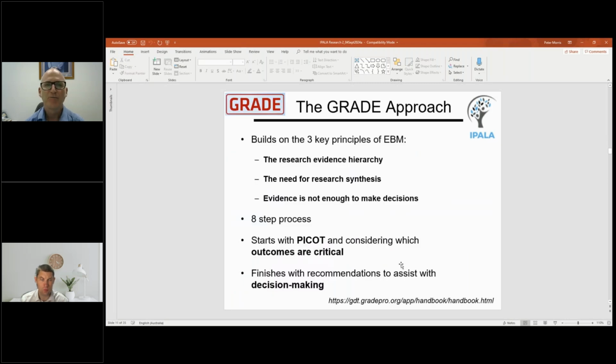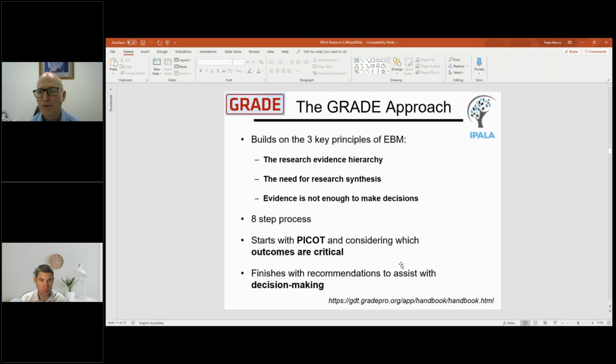So the GRADE approach builds on the 3 key principles of evidence-based medicine. Firstly, that there is a research evidence hierarchy with systematic reviews of randomized trials at the top and observational non-randomized studies at the bottom.